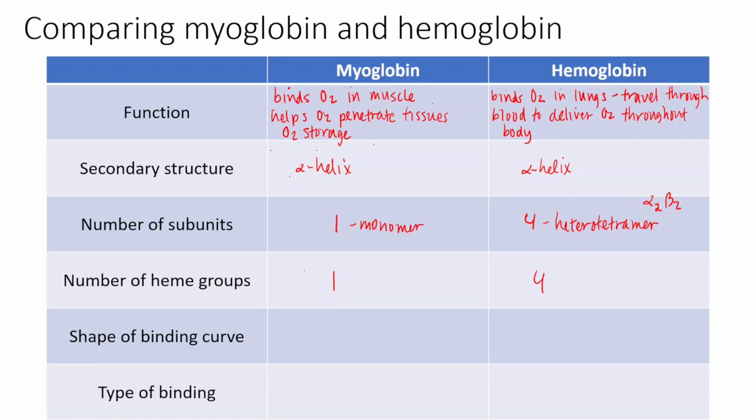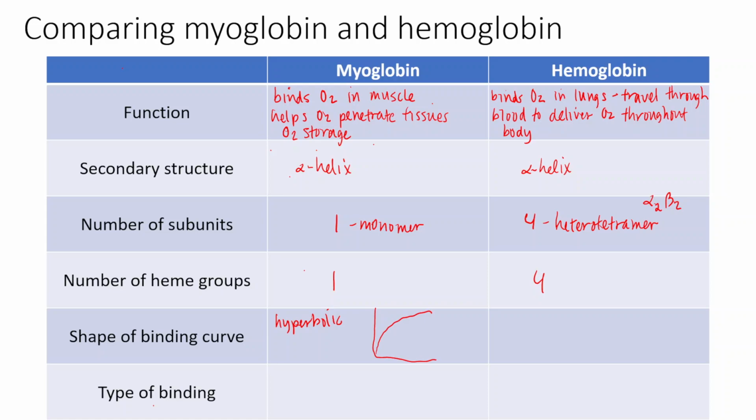So let's start to talk about their binding curves. Does anybody remember the name for the shape of either of those binding curves? Yeah, excellent. So myoglobin has a hyperbolic binding curve. I will try to draw one without hopefully destroying this, but it approximately looks like that, right?